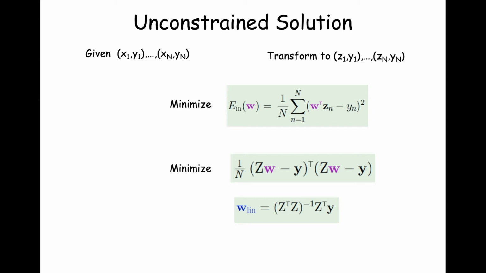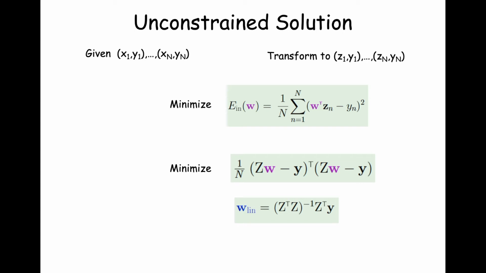So then we can convert this to matrix vector form by transforming it with a design matrix, where each row of our capital Z matrix is one of these data points in Z space. And so Z is going to be a row matrix, and you're going to have z1 as the first input, z2, z3, z4, and so forth.